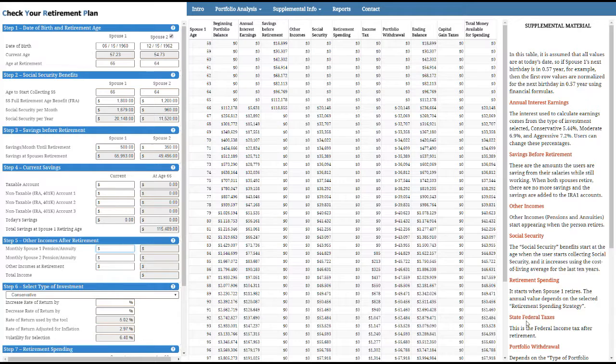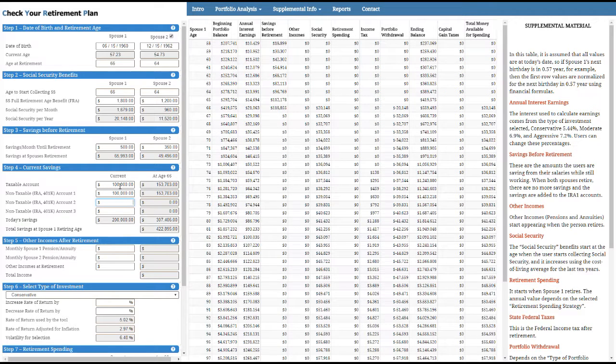In Step 4, current savings is divided into 2 groups: taxable non-IRA and tax-deferred IRA accounts. For more explanation about these 2 types of accounts, position your mouse over the question mark or read Supplemental Info, Retirement and Methodology, Step 4.